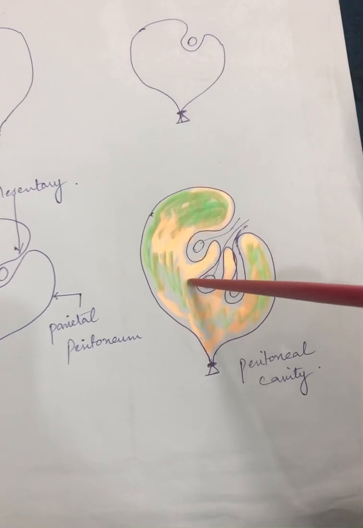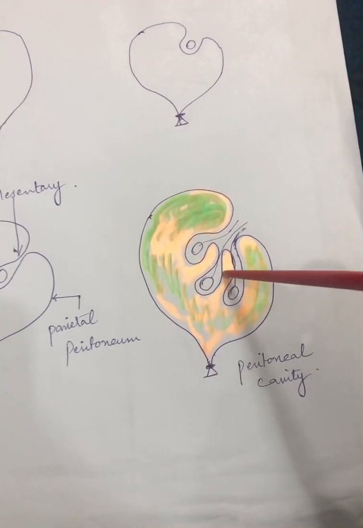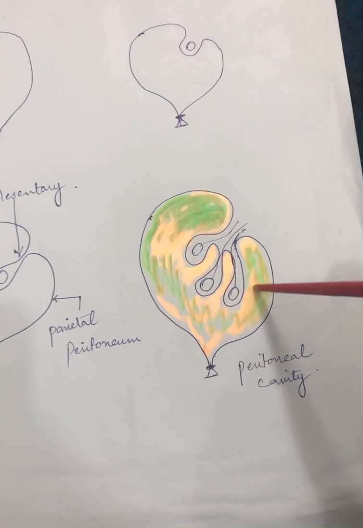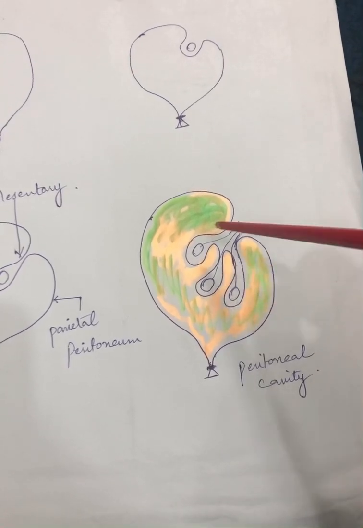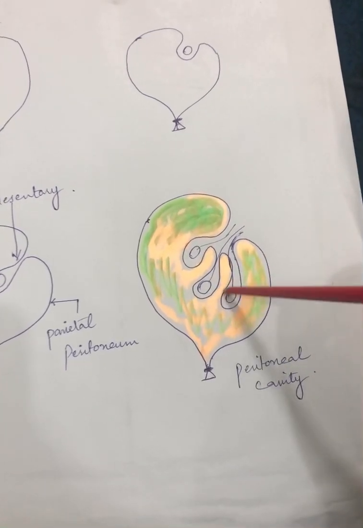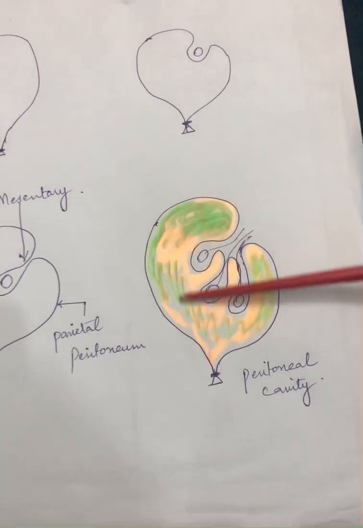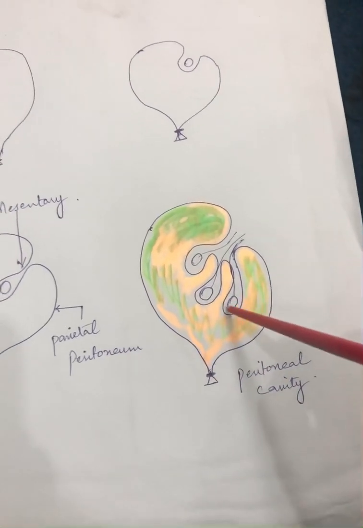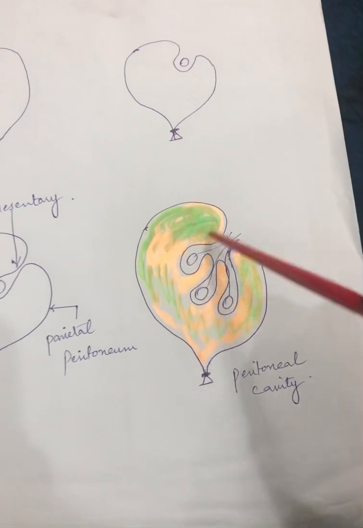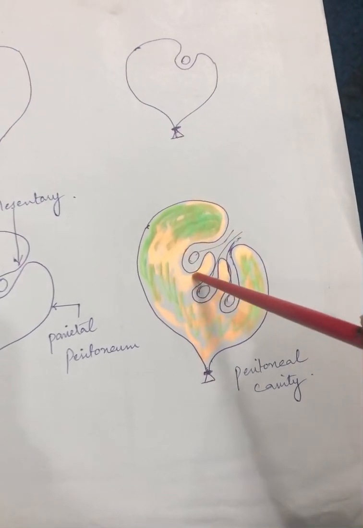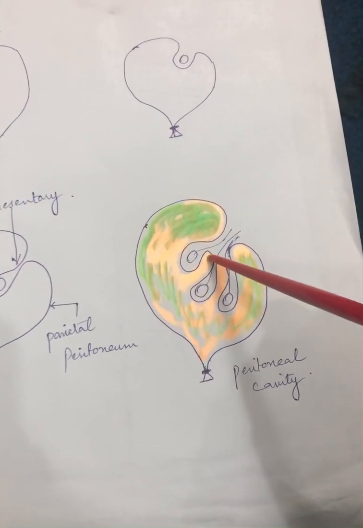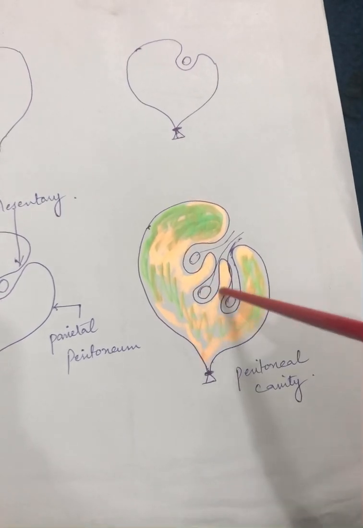So the peritoneal cavity is basically invaginated between these viscera. For example, let's say this is intestine, and you are looking at the sagittal section of intestine. So this is the peritoneal cavity which has gone between the loops of the intestine.